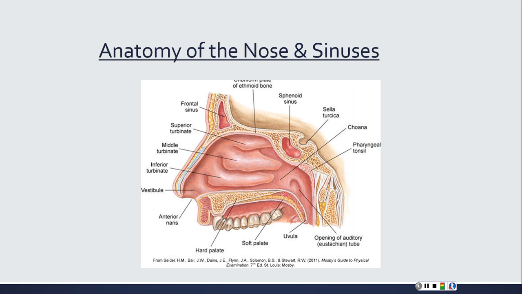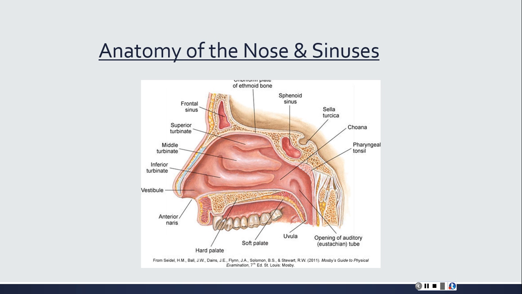How do the turbinates warm and humidify? Yeah, exactly. But here's the key. It's going to increase the body surface area for the air to move across, and the body warms and humidifies. So that increased surface area, that's more surface for the air to have to go across, that is warming and humidifying, basically.